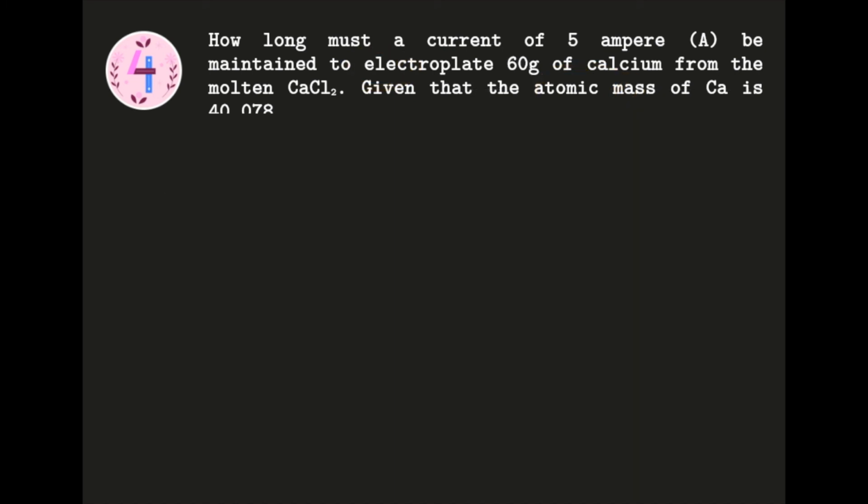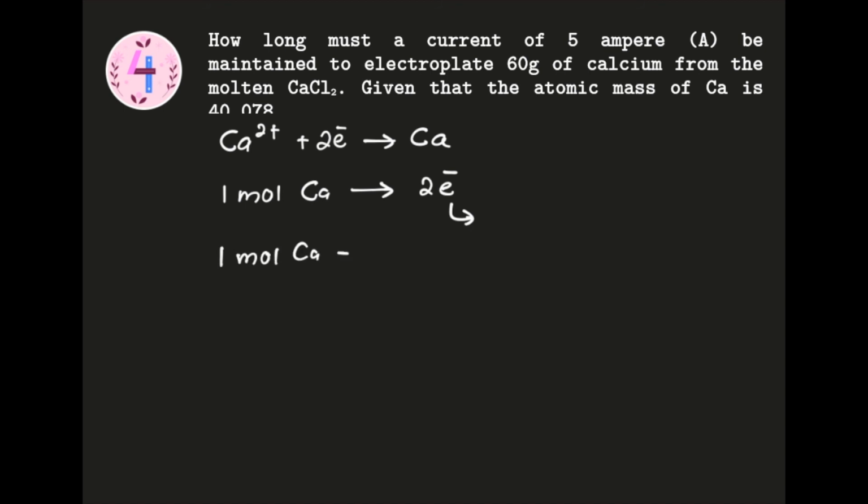Alright, we are now going to write the information that we already have. The half reaction is Ca2 plus 2 electron will produce 1 mole of calcium. So from this you know that for 1 mole of calcium to be produced, it needed 2 electron, whereby we can change this to 1 mole of calcium needs 2 Faraday. So this is interrelated.